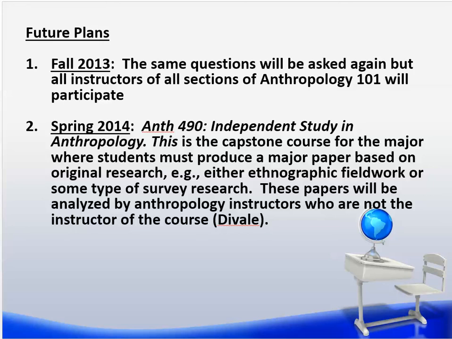In this case, I am the instructor. We only have 3 students in it for the spring, and I will be asking some of the other adjunct instructors to assess these papers in terms of are they showing evidence of the 5 goals that we want an anthropology major to be able to express by the end of their career.